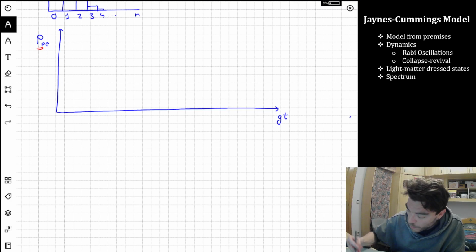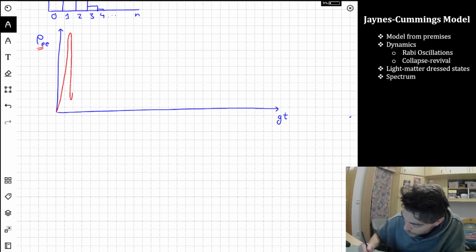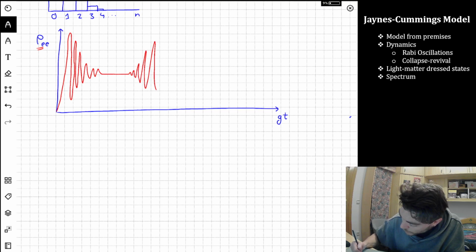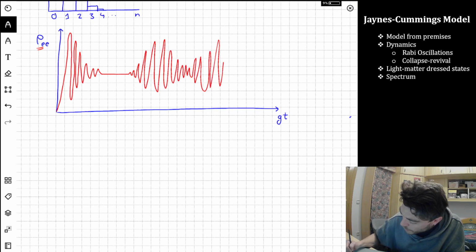Now, if I have a coherent state inside, what we will see is oscillations that are very rapid, that go away, they collapse, and then they start again. But the behavior of this is not regular. It's very chaotic and irregular.